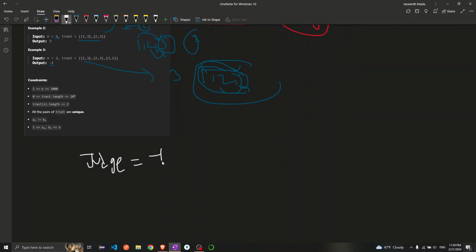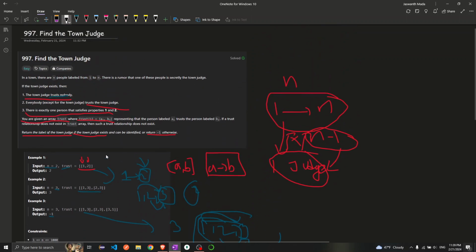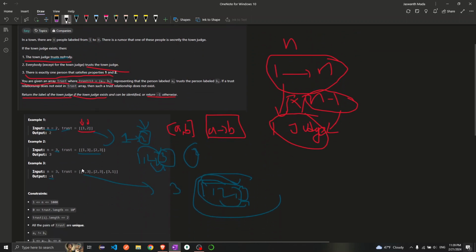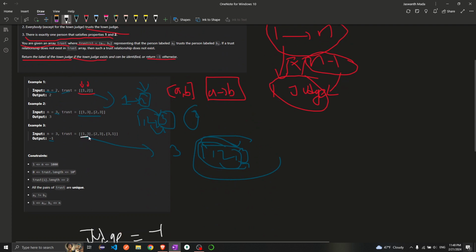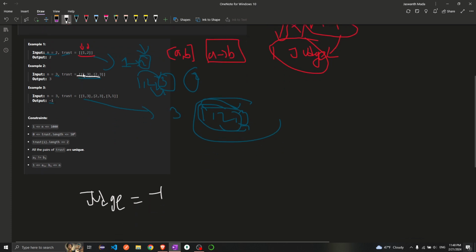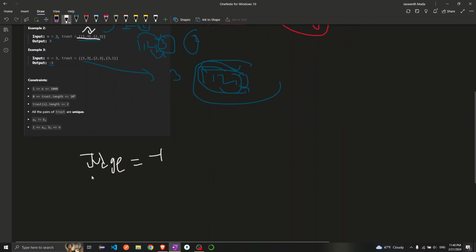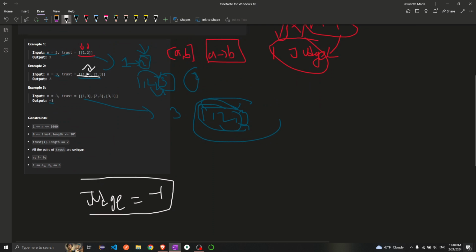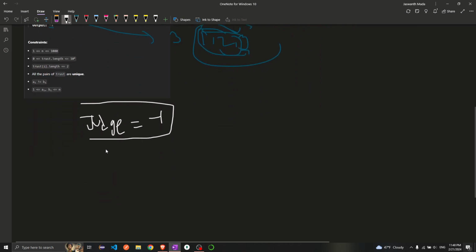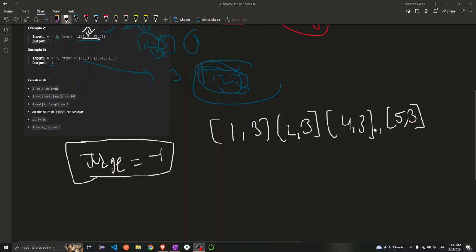I'll mark it as -1. Let's take this example. Here 1 is trusting 3, right? Suppose we have this example.